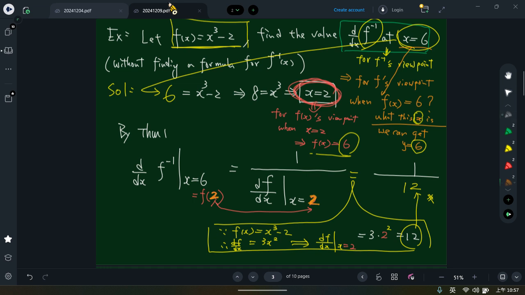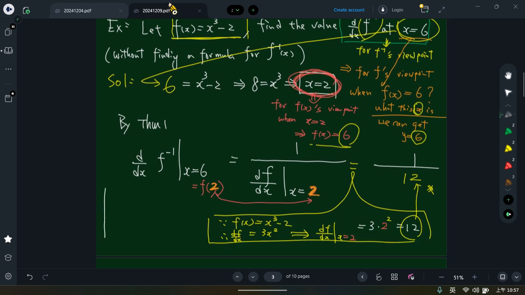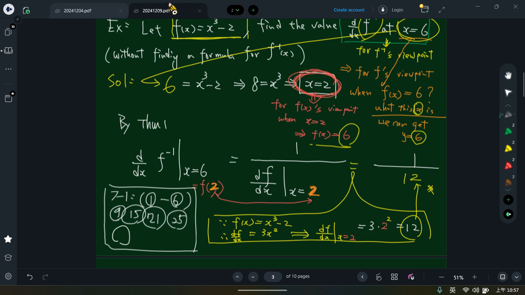Okay, so this is for section 1. Corollary 1 in chapter 7 is very important, because later on we also apply the theorem to get the inverse of some specific functions.